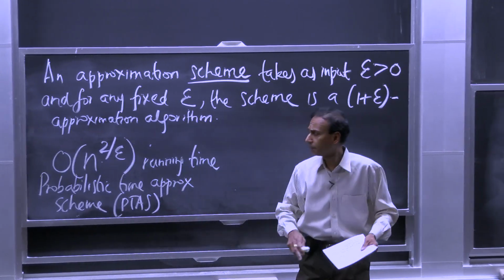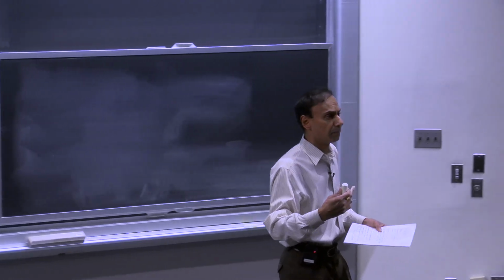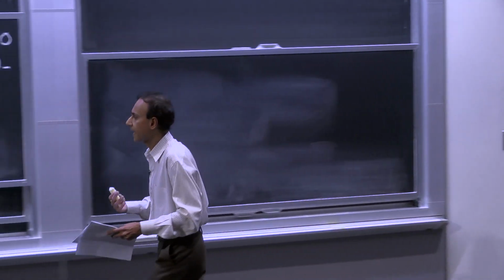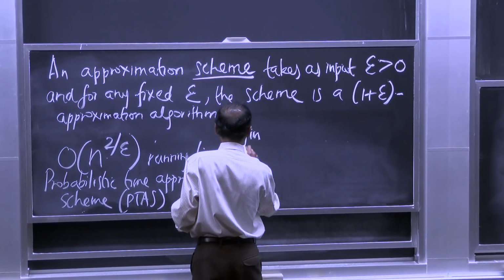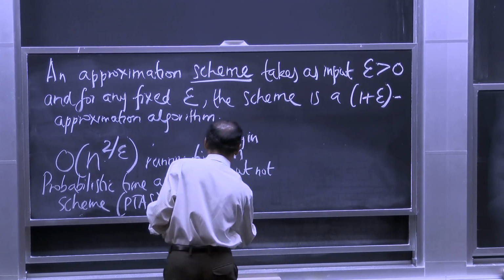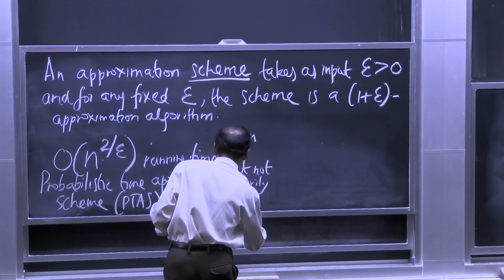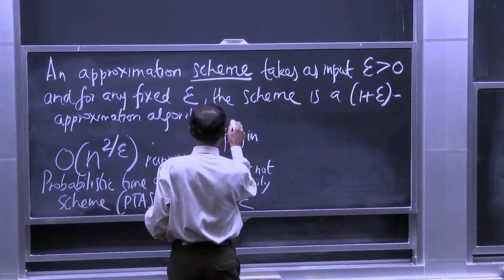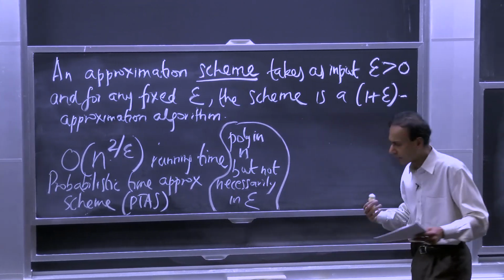But clearly, this is a polynomial in n, okay? But it's not polynomial in epsilon. So a PTAS is going to be polynomial in n, but not necessarily in epsilon. And I say not necessarily because we still call it a PTAS.